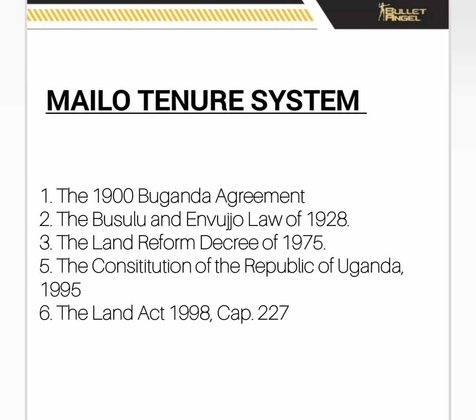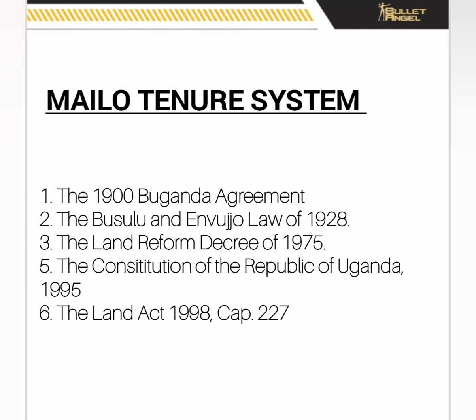It is a creature of the 1900 Buganda Agreement. It was a semi-freehold tenure system confined to Buganda Kingdom and part of Bunyoro, mainly in Chibali. Yes, it was established under the terms of the 1900 Buganda Agreement between the Kabaka of Buganda and the British government, right?